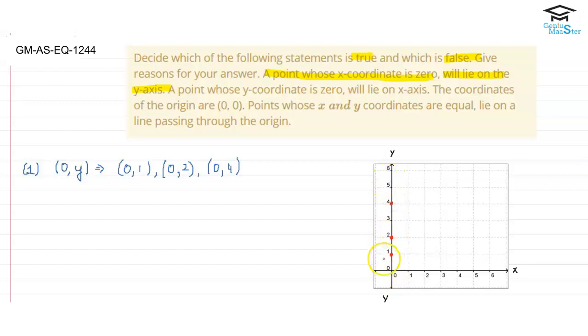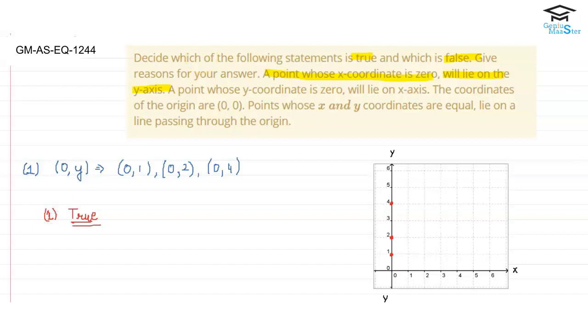They will all lie on the y-axis. So yes, the first statement is true. If the x coordinate is 0, then the point will lie on the y-axis.